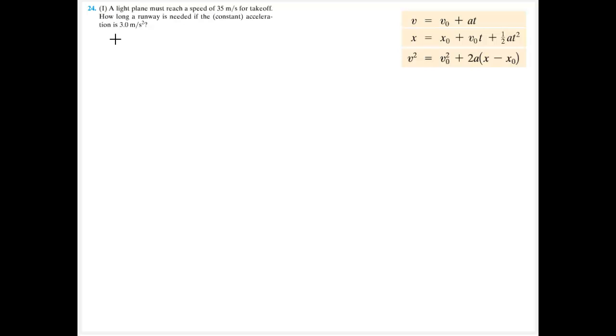Problem number 24 is another problem with constant acceleration, just getting some more practice with these guys. So again, here I have my equations of motion. I'm going to write down everything that I know here. So I know that the plane must reach a final velocity of 35 meters per second in order to take off, and I know that the plane is able to accelerate at a rate of 3 meters per second squared.